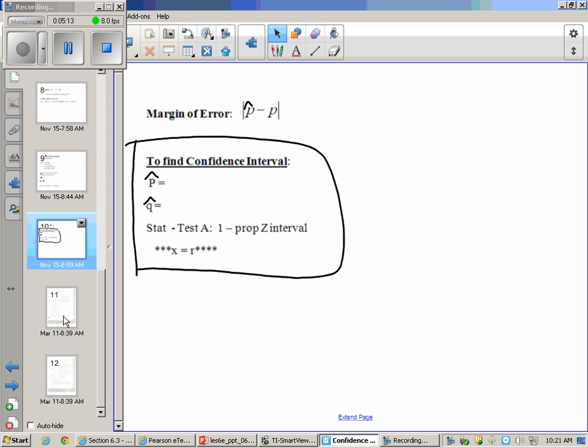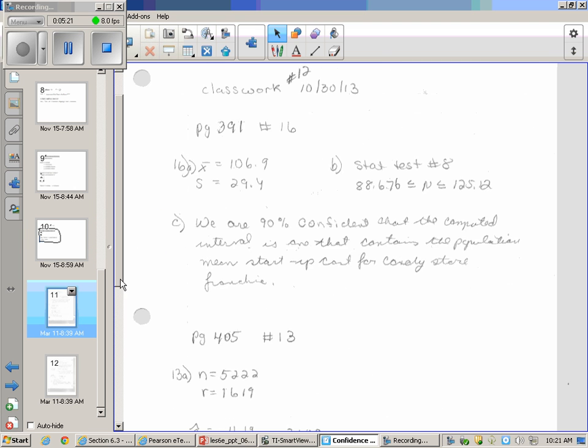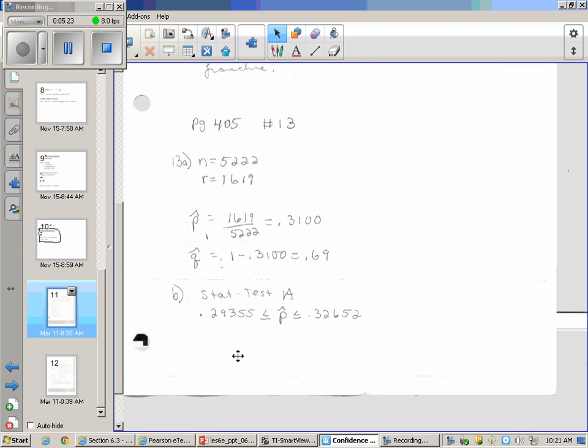The margin of error is your p hat minus your proportion, but again, we really don't cover that. We really just concentrate on the point estimate and the confidence interval. And then on 13c, it would say check your requirements, which we won't cover at this point.